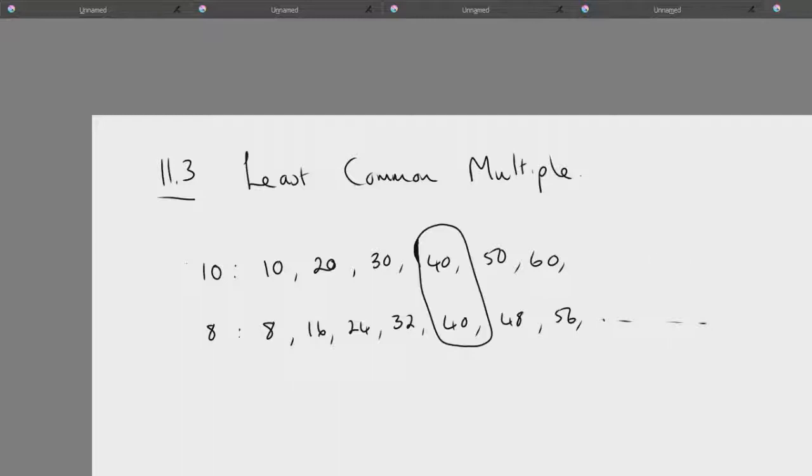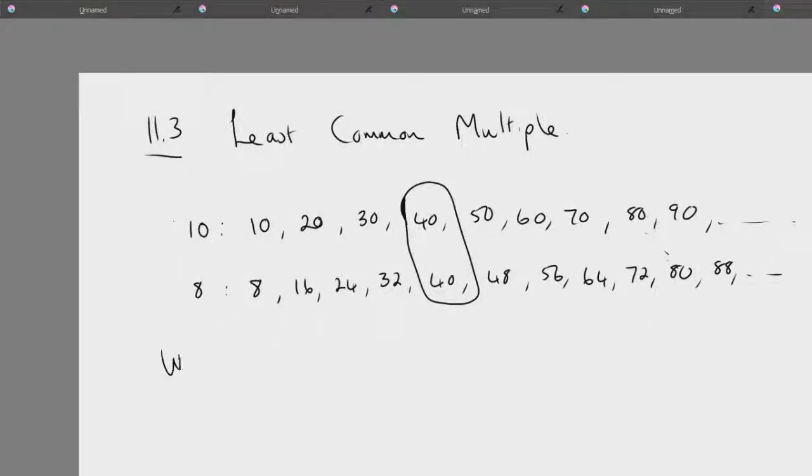If I keep extending my lists, I'll have 70, 80, 90, and this one would be 64, 72, 80, 88. So there will be another one that matches, but it's not the lowest. 40 is the lowest.